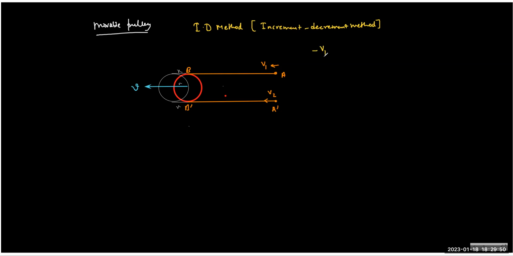Velocity is the rate of change of displacement, so it is also the rate of change of decrement, right? So write minus V1. What about V2? Will it decrease or increase? Decrease. But to move the pulley with speed V, it will extend the rope at twice the rate, right?